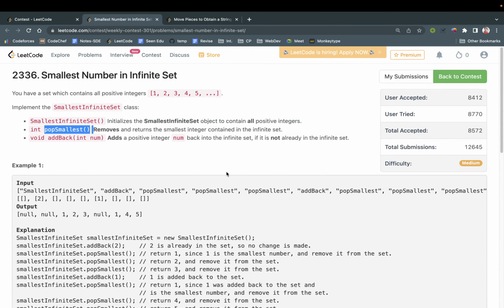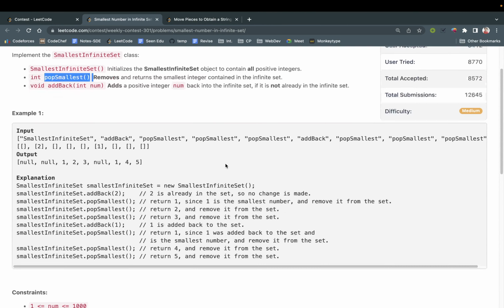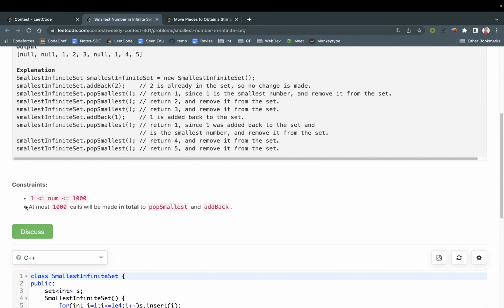So the key hint in this problem is that they have said at most 1000 calls will be made in total to pop smallest and add back. So if we are calling 1000 times, we do not need to store an infinite number of positive elements in our set.